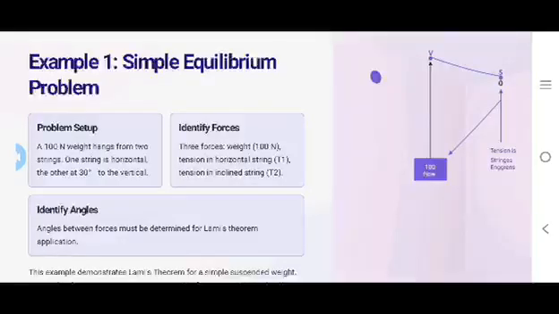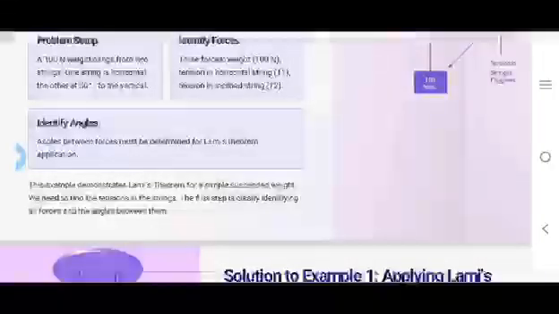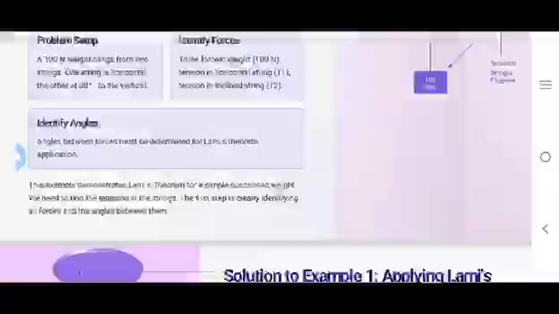Identify forces: three forces, the weight of 100 newtons, tension T1 in the horizontal string and tension T2 in the inclined string. Identify angles: the angles between the forces must be determined for applying Lami's theorem.